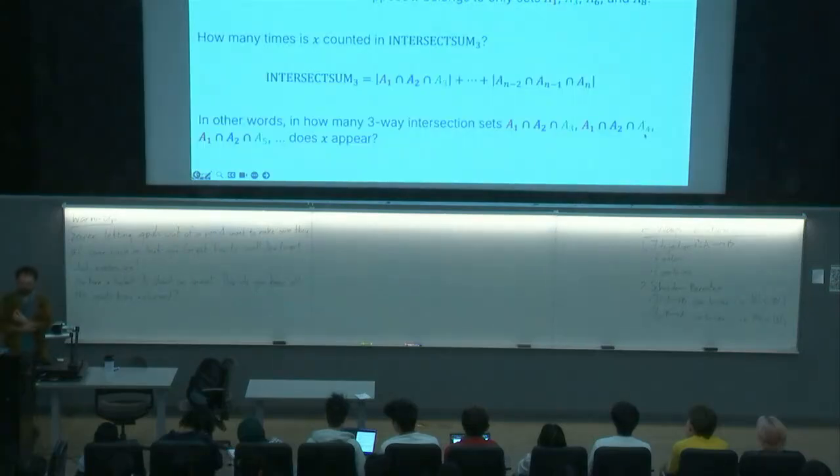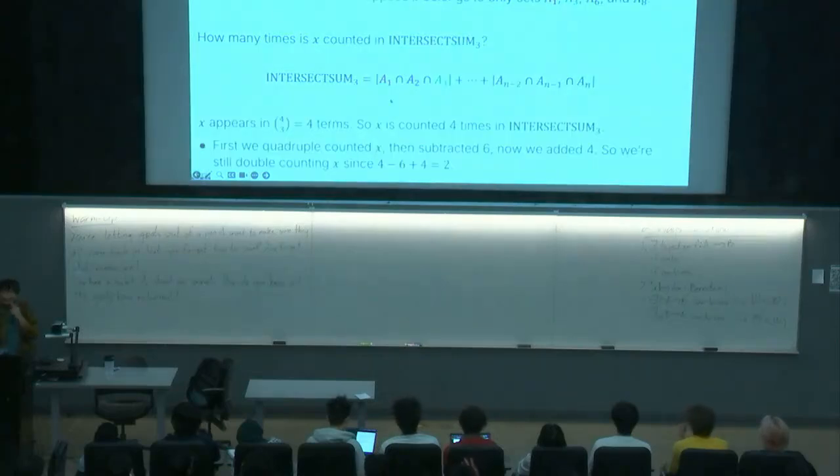I'll let you think about this one for a second. How many times does it count? How many of these sets does it live in? I like 4 choose 3 as an answer. So what's one of the sets it belongs to, somebody? A1 intersect A3 intersect A6.